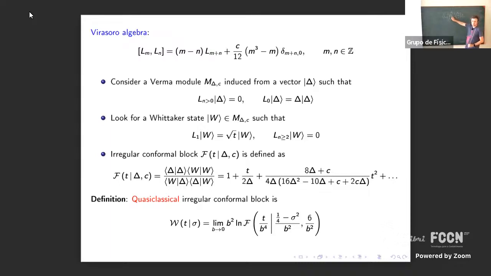But once again, I didn't want to explain these letters, but you can guess at the level of differential equations what it corresponds to. Here we have the Mathieu equation, which has two irregular singularities of Poincaré rank 1/2. This corresponds to these Whittaker states here. And in the regular case, the vectors that you have in the story correspond to Fuchsian singularities.